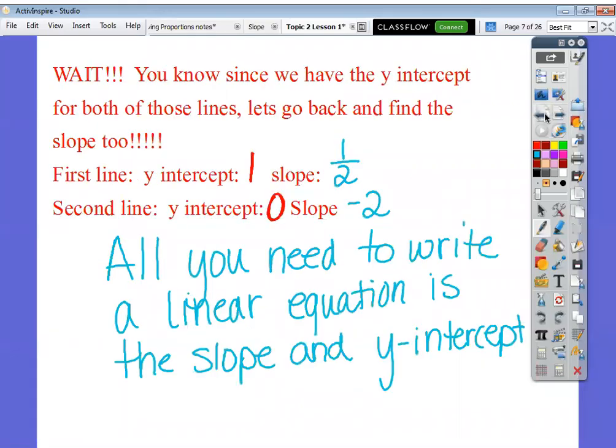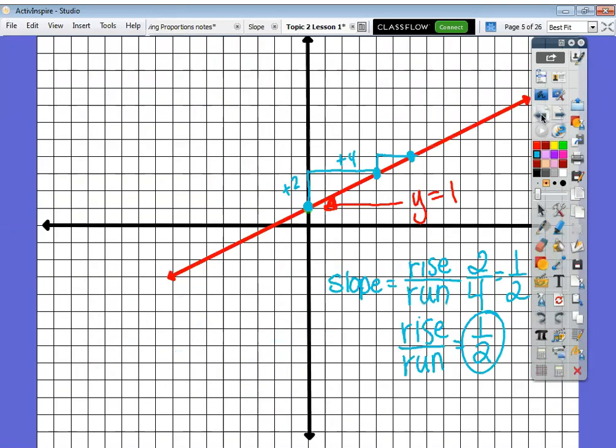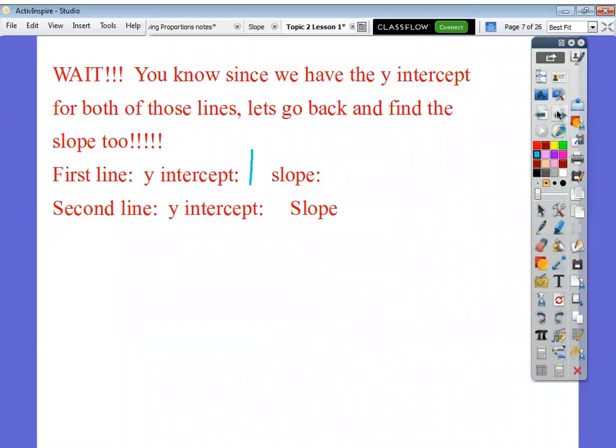All right, so ready? Here we go. If we go back, it was 1 and, I already forgot. 1/2. 1/2. And this was 0 and I think it was -2.